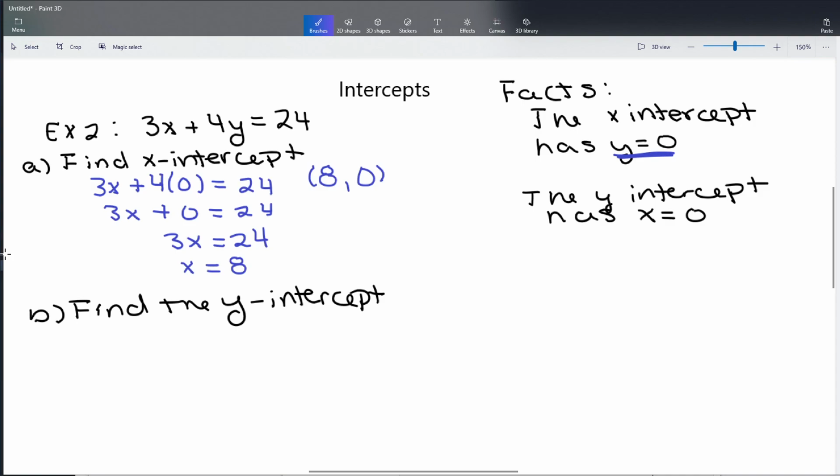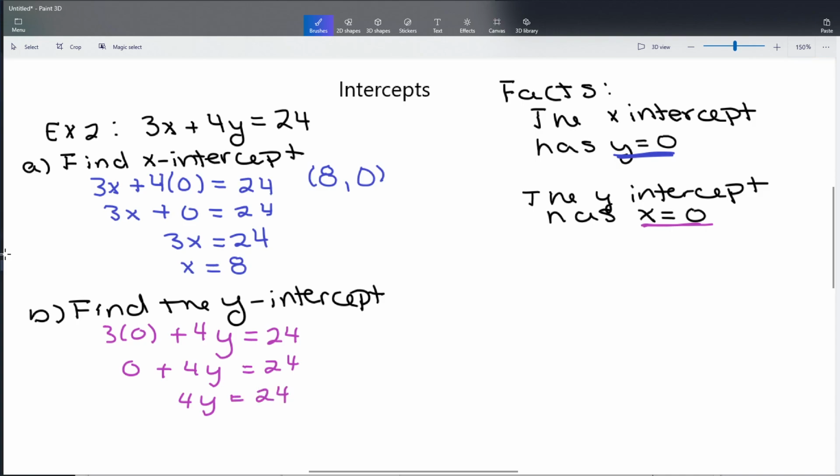Let's look at the y-intercept. We're going to start with our basic equation again, and this time we're going to plug in x equals 0. So I have 3 times 0 plus 4y equals 24. 3 times 0 is 0, so I have 4y equals 24.